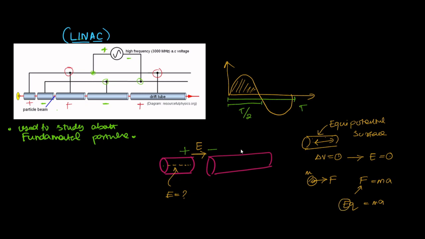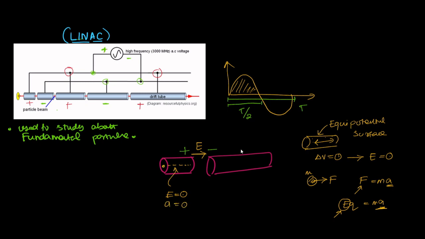So the acceleration totally depends on the electric field. If there is an electric field, we have an acceleration. If the electric field is zero, then the acceleration is zero. So within the tube, the electric field is zero, and the acceleration is zero.